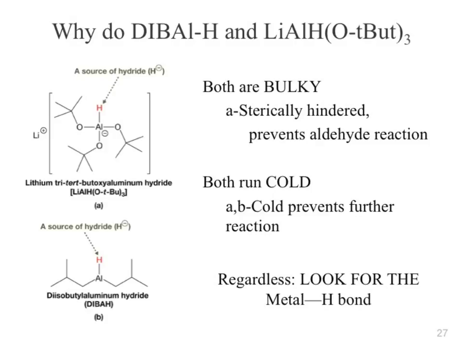We can change those ligands, which then changes the reactivity of that hydride molecule. So we end up doing different reductions for those different species. While you are not directly responsible for knowing what those reagents do, you are responsible for looking for that metal hydride bond. So if you see a metal hydrogen bond, you should immediately be thinking in the back of your head, reduction, do it.